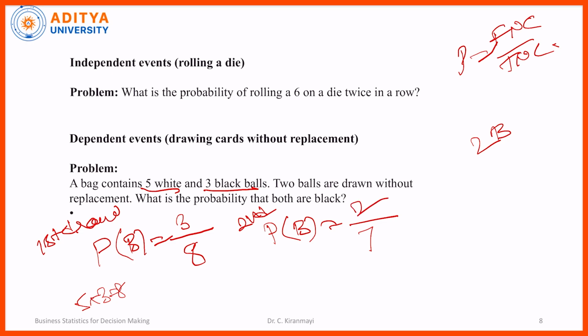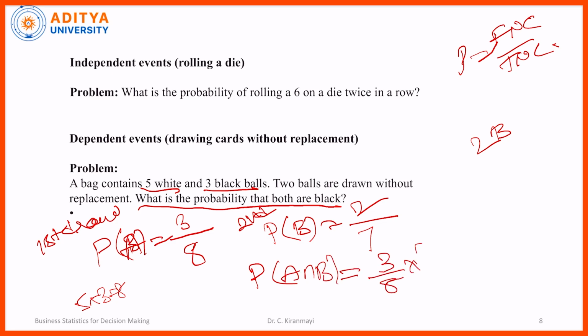Now, the question is, what is the probability that both are black balls? Taking A as the first draw and B as the second, P of A intersection B is given by 3 by 8 into 2 by 7, that is 3 into 2, 6 by 56.